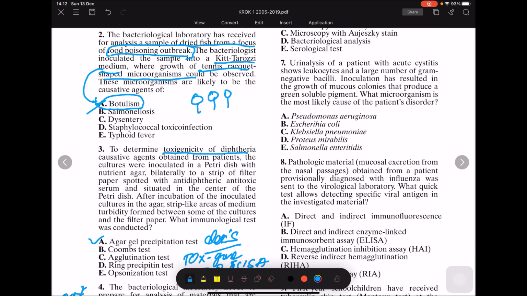So the next question: urine analysis of a patient with acute cystitis shows leukocytes and a large number of gram-negative bacilli. Inoculation has resulted in a growth of mucous colonies that produce a green soluble pigment. What microorganism is causing these symptoms? For most UTI or acute cystitis, about 80 to 85%, the organism is E. coli.